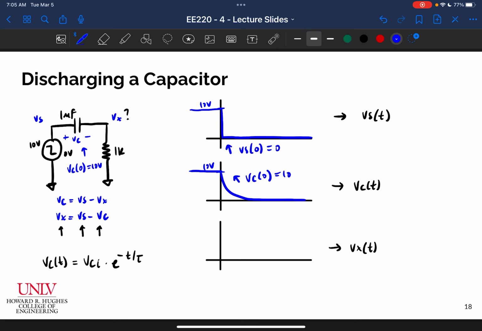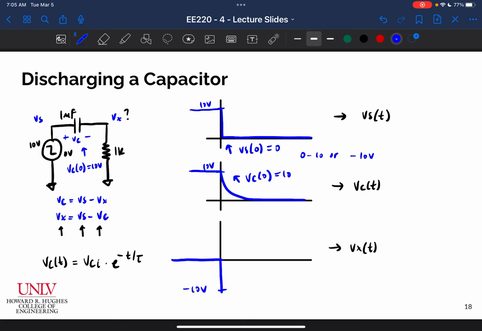For all time before that, VX is still VS minus VC, which is 10 minus 10, or 0. Then at time t equals 0, the source pulses low, going from 10 to 0, and my capacitor voltage can't discharge instantaneously, so it stays at 10 for that instant, which means VX of t goes down to 0 minus 10, or negative 10 volts, right here.